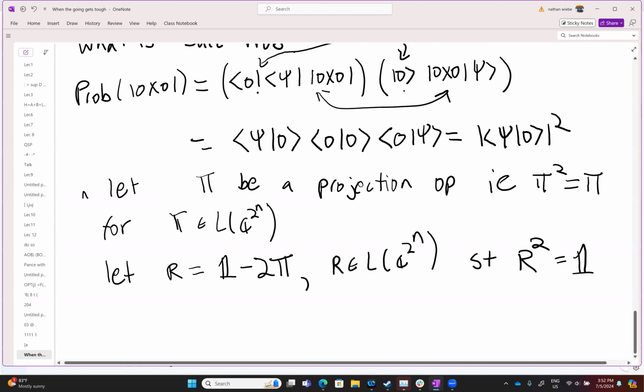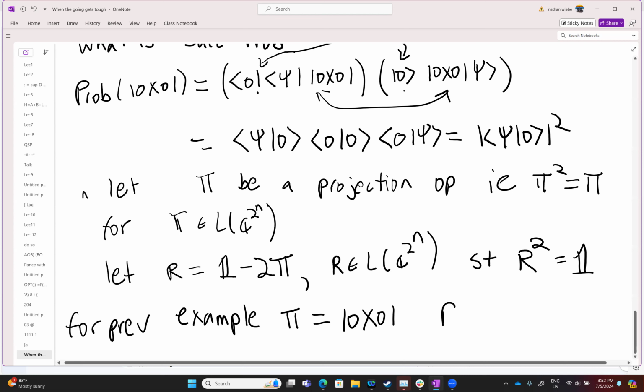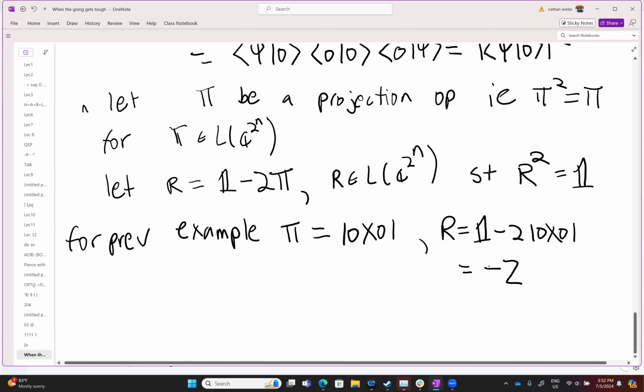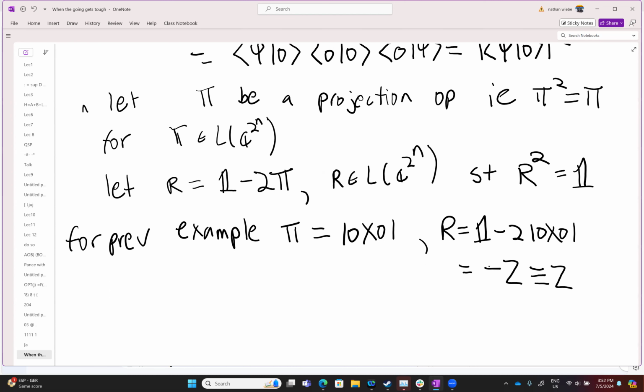So for the previous example, pi was equal to |0><0|, and R would be equal to identity minus twice the projection onto |0><0|, which is technically minus Z, which is equivalent to Z. So this gives us a way of thinking about the problem of implementing projectors. Let's see how this would end up working.